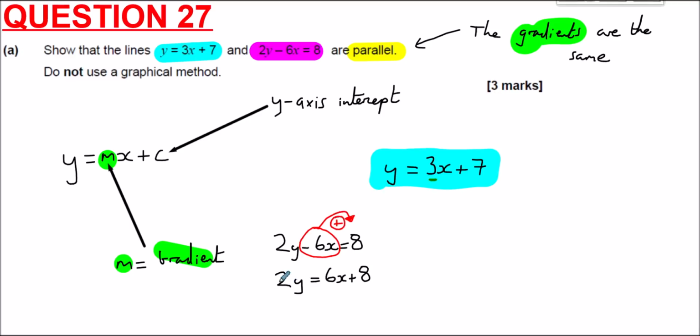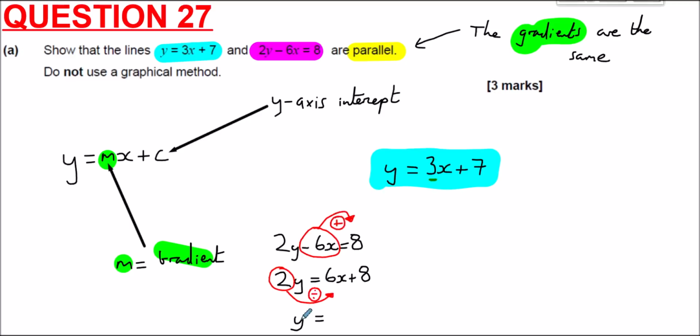But we don't want to have just 2y, we want to have just 1y. And so what we can do is just halve both sides of the equation. Effectively, that 2 is multiplying the y. Because it's multiplying on this side, when it swaps over, it'll be dividing everything on the other side.